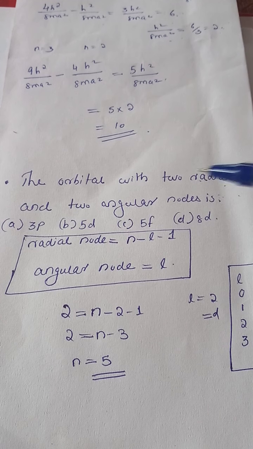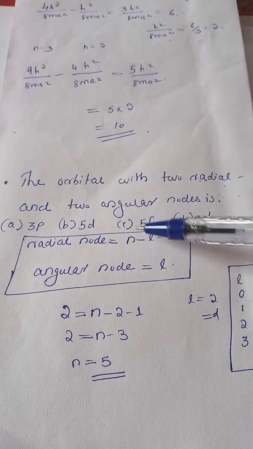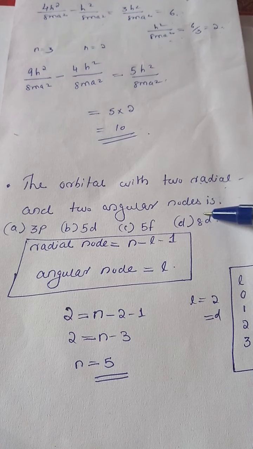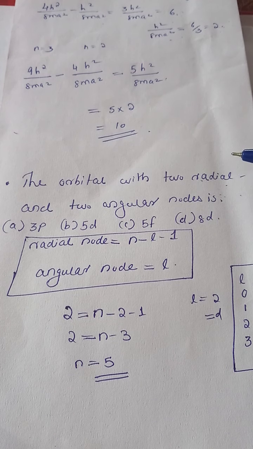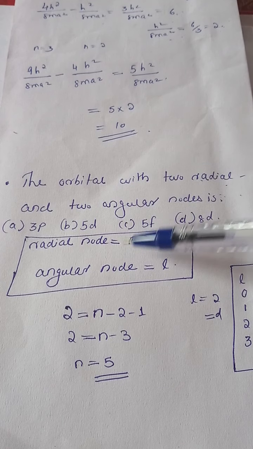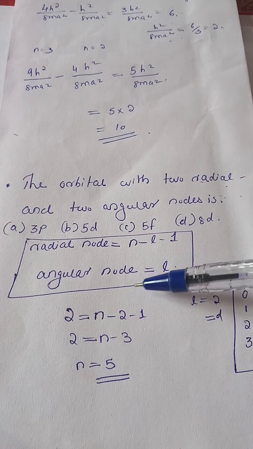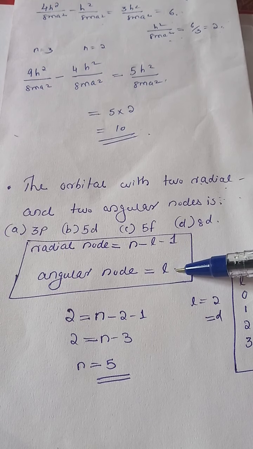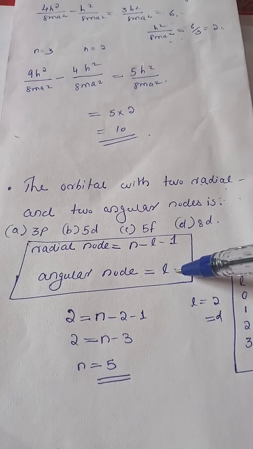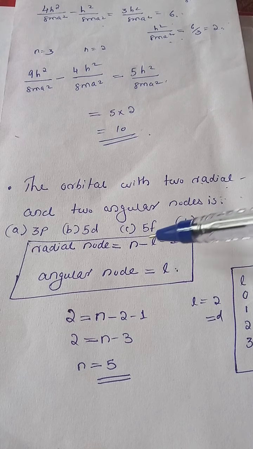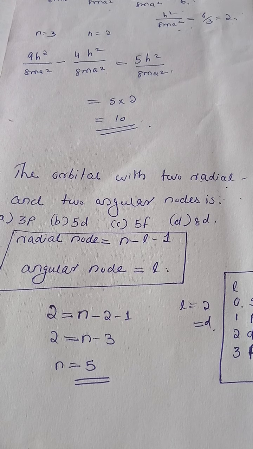Next question: the orbital with 2 radial and 2 angular nodes is, and the options are given. The equation for finding the radial node is n minus l minus 1, and for angular node it is equal to l. l is the azimuthal quantum number and n is the principal quantum number, and it gives the idea about the energy levels.